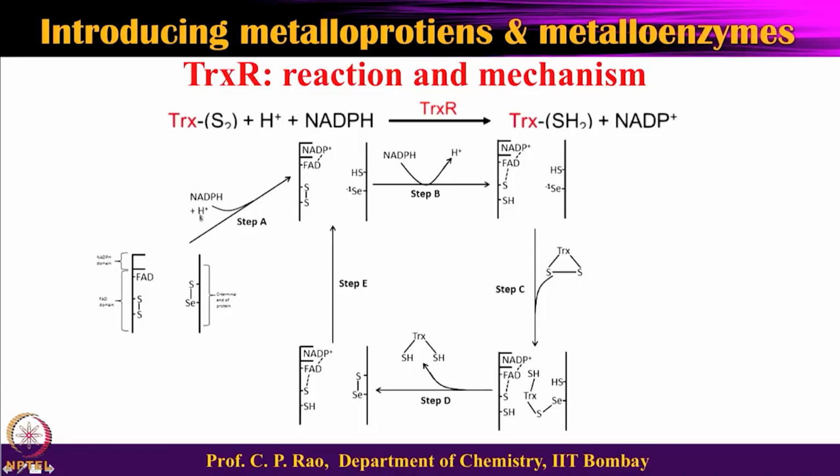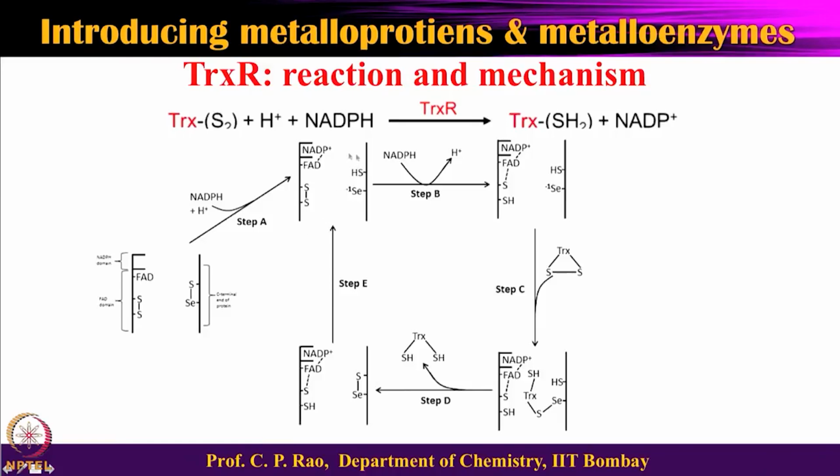Now, this is activated by NADPH as step A, and that will break this bond between Se and S and give an open form of Se and SH. This is the activation step. In the activation the NADPH is involved, and the NADPH does not activate directly, it goes via the FAD.